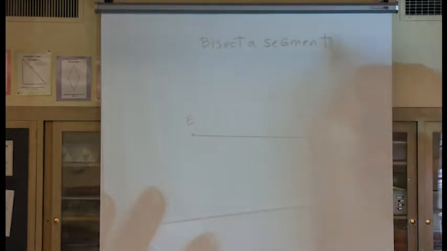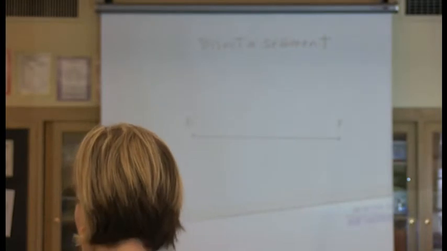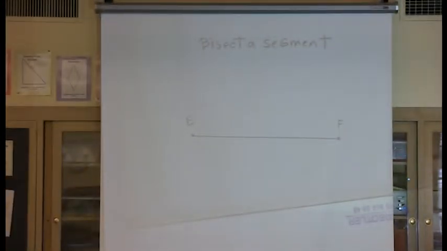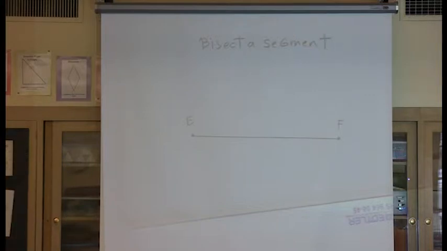Okay, right above this, we are going to write bisect a segment. You see me writing? Yes, you are writing. When I say the word bisect, what do I mean? Champion of mumbling today. Yes, sir? Cut. Cut how?